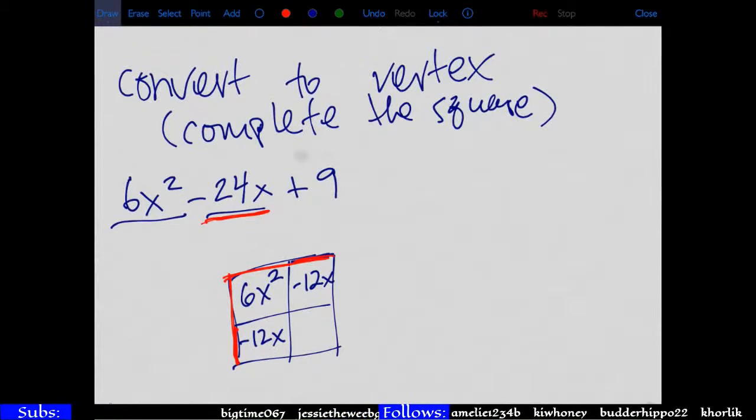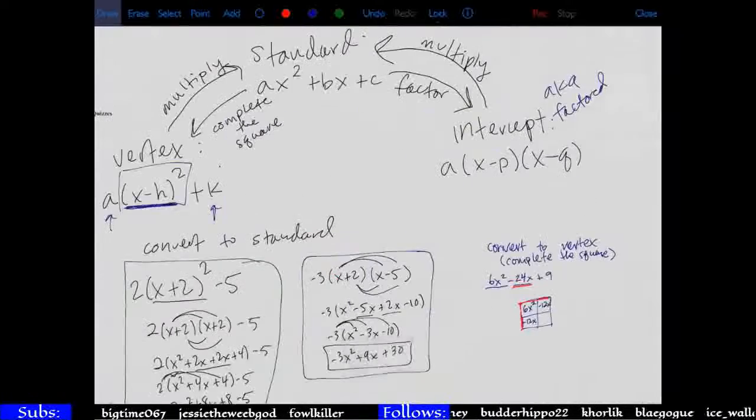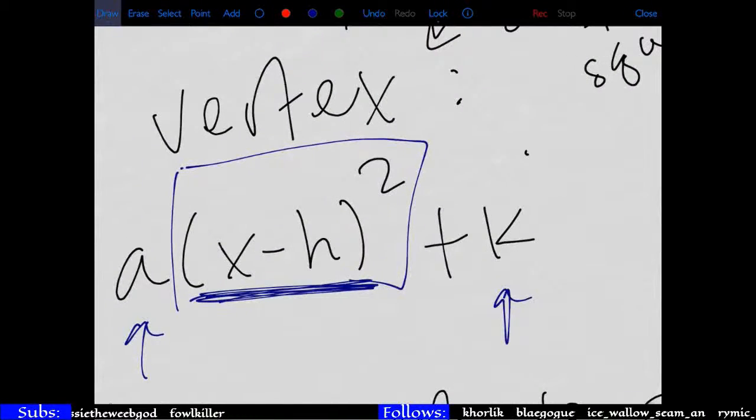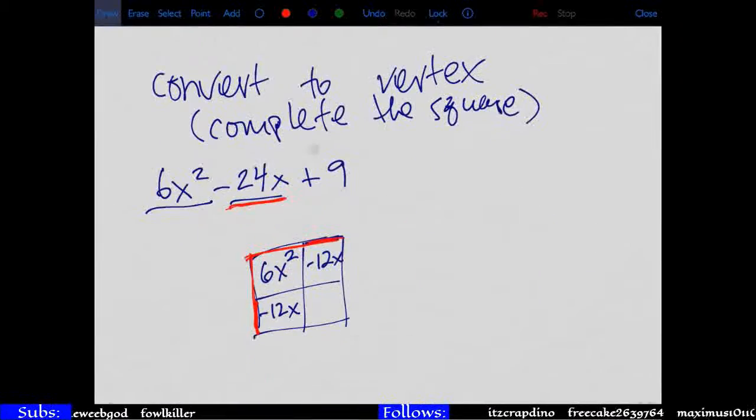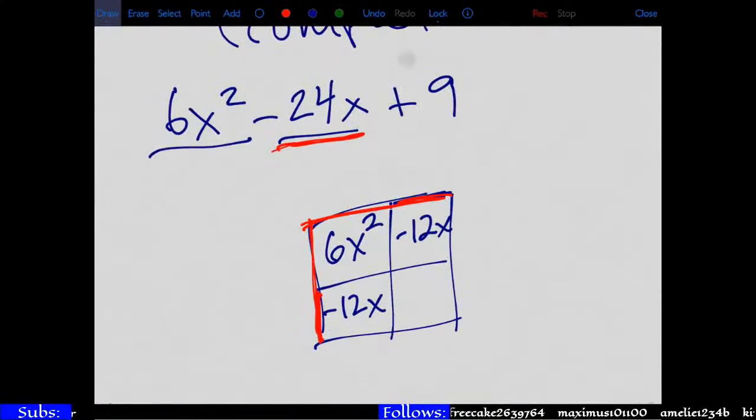At this point, we know that our end answer here is going to have just an x minus h in it. There's not going to be a number in front of that x. It's just x minus h, which means I can take an x out to the side here and then solve the rest of the sides from there.